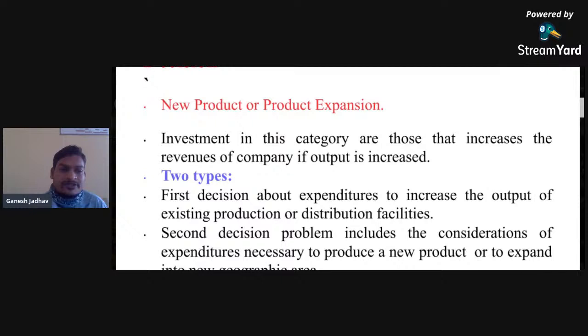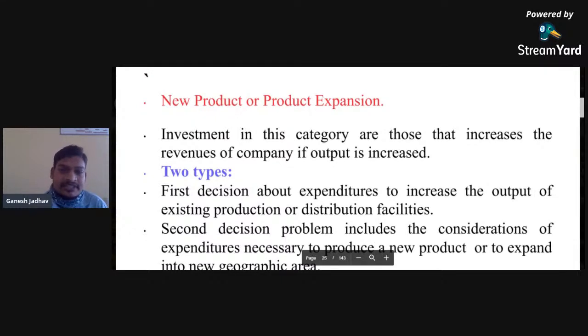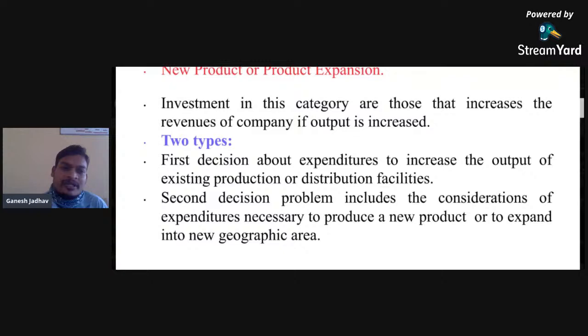The first decision is about the expenditure to increase the output of the existing production or distribution facilities. The second decision problem includes the consideration of the expenditure necessary to produce a new product or to expand into a new geographical area also.